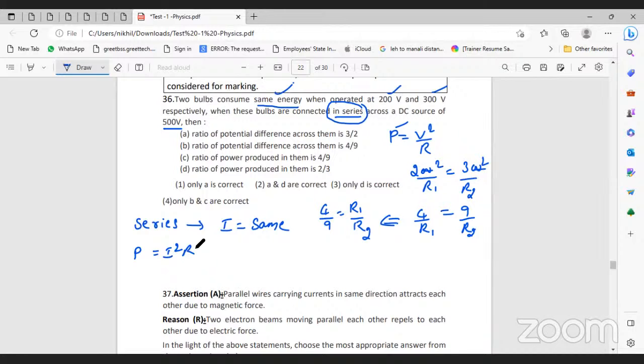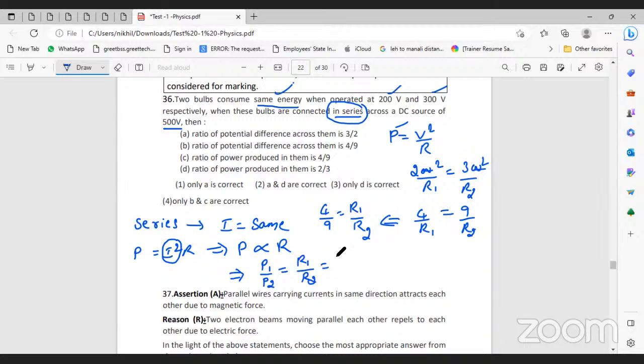Power is equal to I squared into R. Since in series the current remains the same, this clearly tells the power is directly proportional to the resistance. So this implies P1 by P2 is equal to R1 by R2.